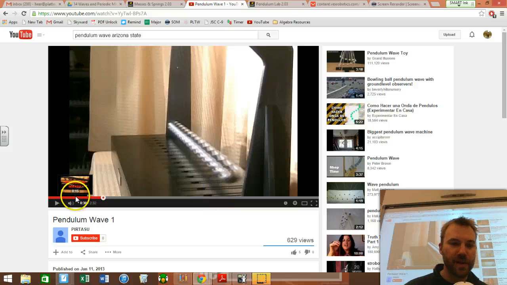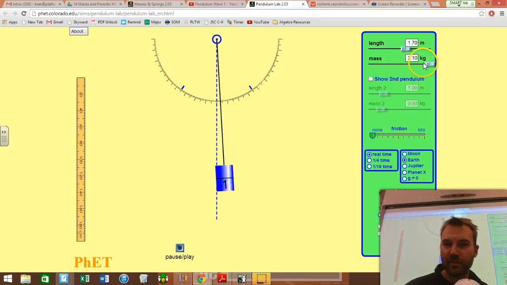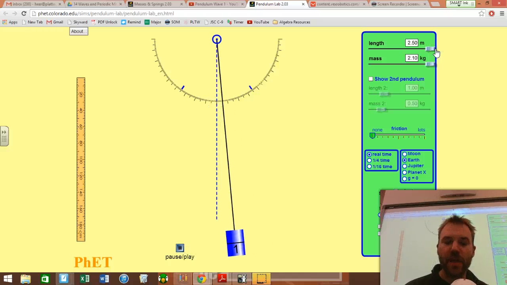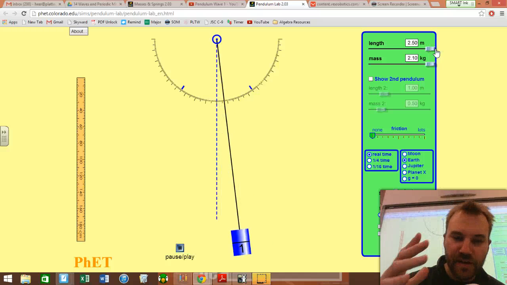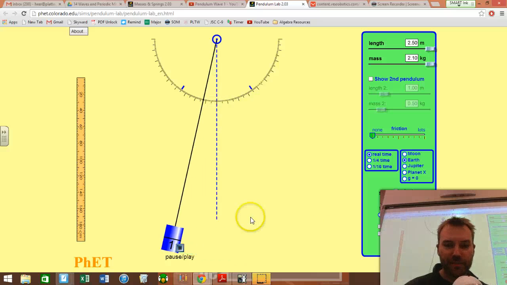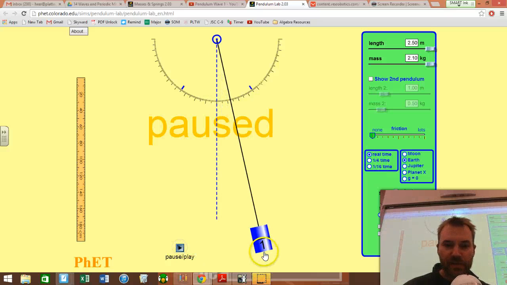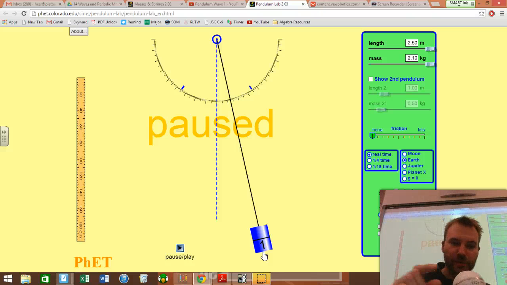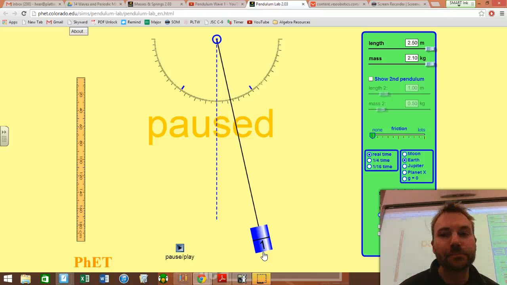The ones on the far right of the video have smaller lengths, so if you make this thing shorter, you'll see that it swings much more frequently than if you make it much longer. And if any of you have grandfather clocks at home, you'll notice at the very bottom of these things there's a little nut that you can turn, so you can make it shorter or longer by just a little bit, so you can adjust the frequency of swinging, and you want it to be 1 second.